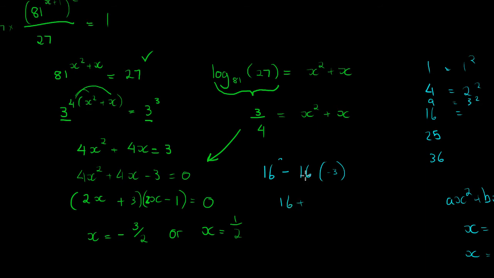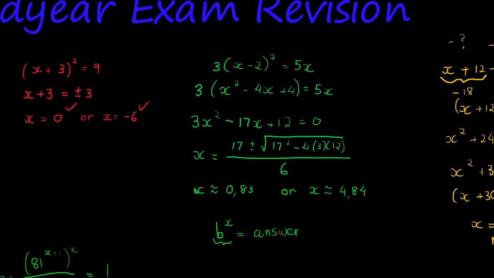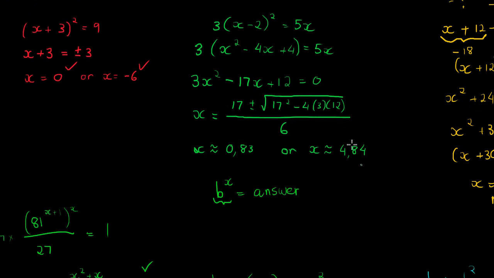So it's 16 plus 16 times negative 3, which is 48, plus 48 is equal to 64. 64 is 8 squared. That is why I got two distinct rational roots. Now if I go up to this question where we used our formula, these are irrational roots. They didn't have a comma that repeated itself, or a rational pattern after the comma.